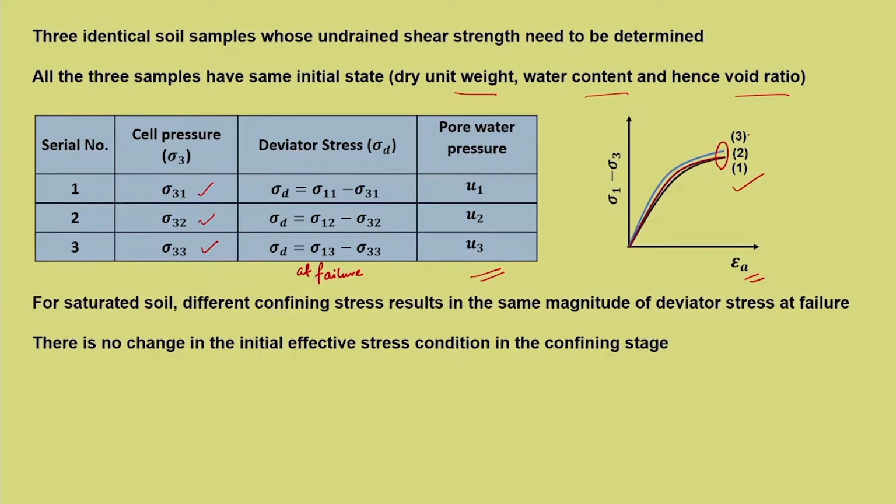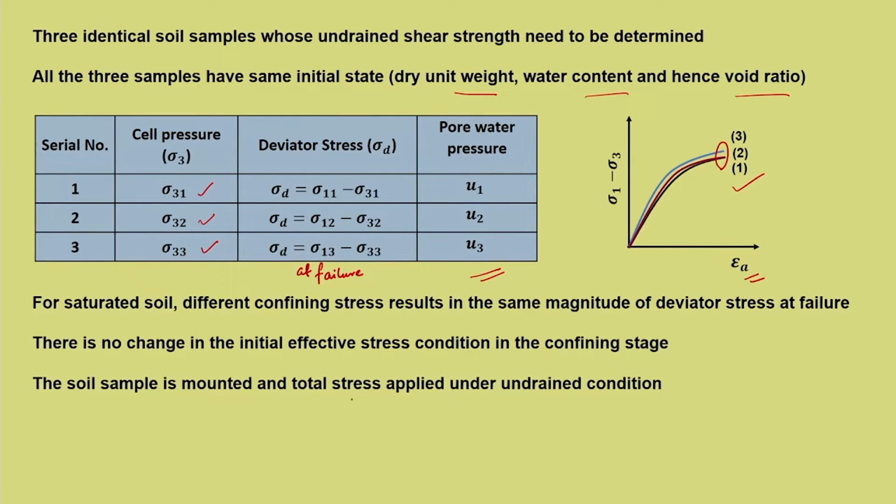Only when you consolidate, there will be changes in void ratio or water content, and hence the initial effective stress condition changes, and we know that the strength of the sample is dependent on effective stress conditions. So here there is no such change, and hence the deviatoric stress at failure is more or less the same.